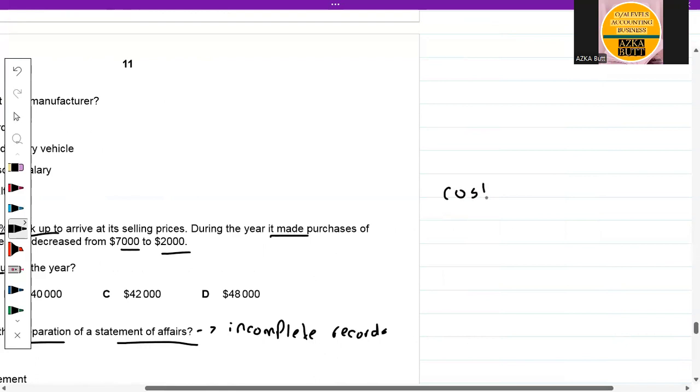So cost of sales, or cost of goods sold, how can we find it out? Purchases plus decrease in inventory.